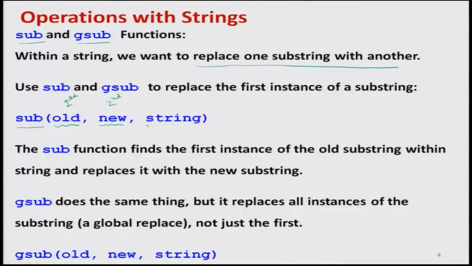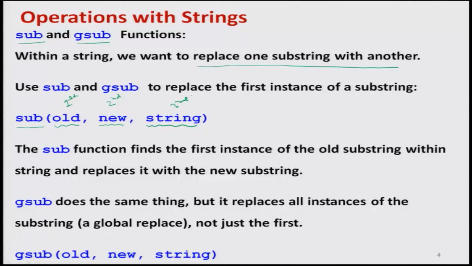and in the third place we have the string. Here we have to write the string in which we want to do the operation, in which we want to replace the older characters by some new characters.